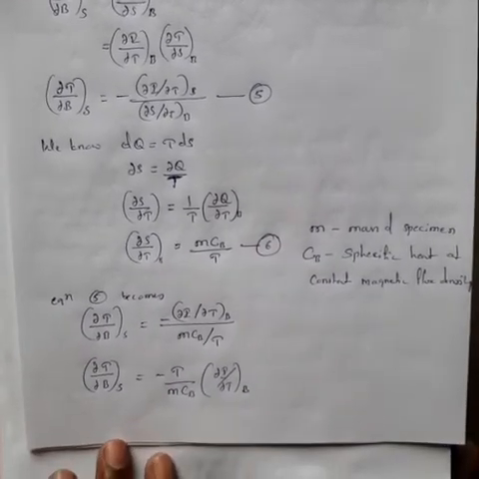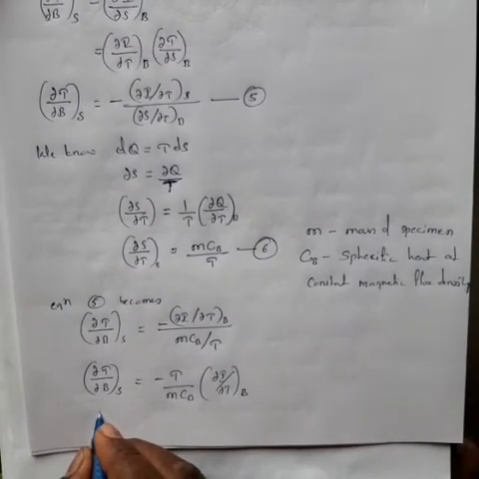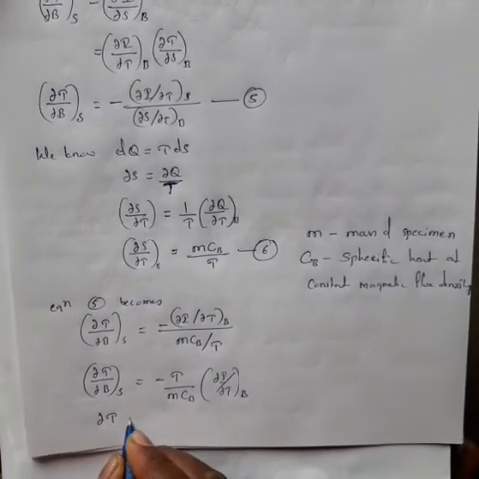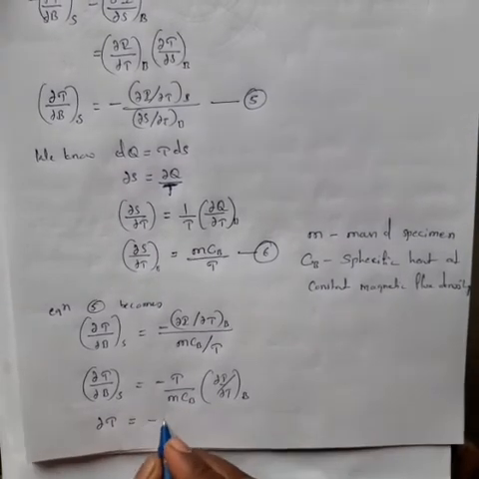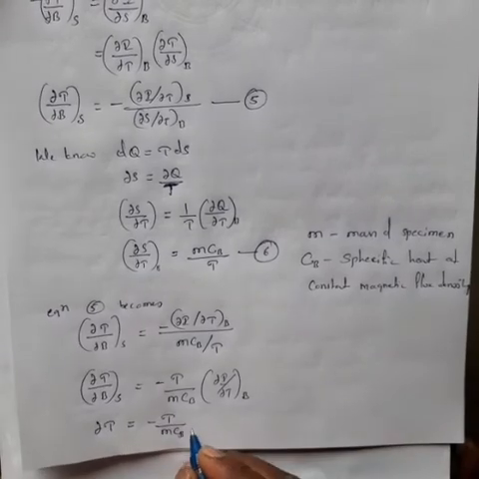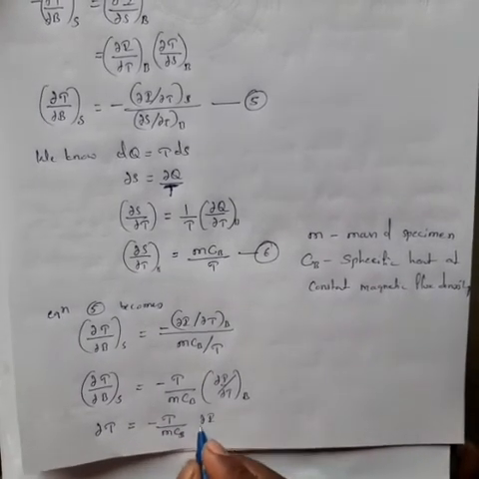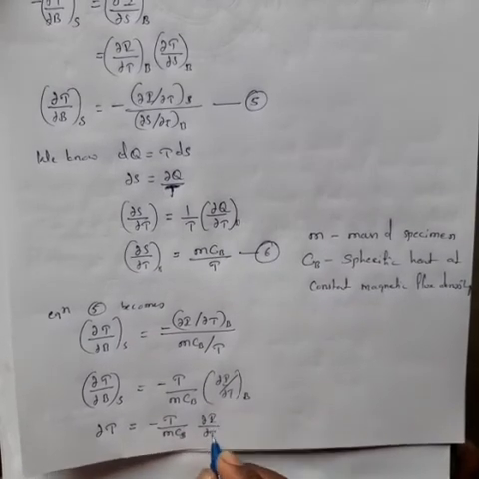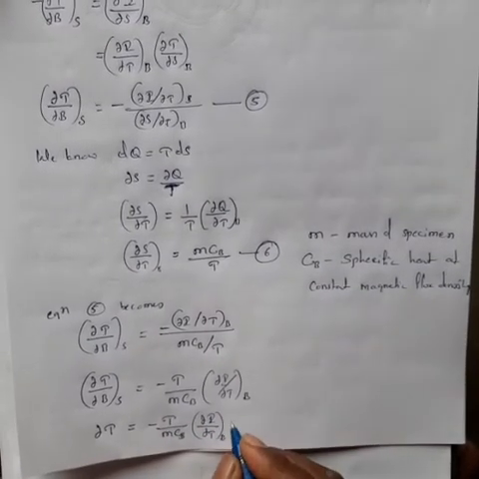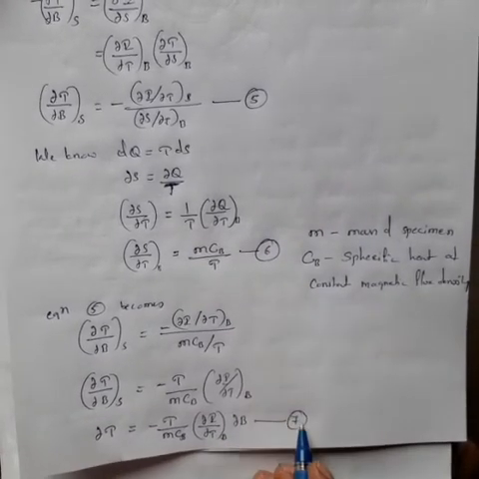Now this can be written as dT is equal to minus T divided by M C_B into (∂I/∂T) at constant B into dB. Let us consider this as equation number 7.